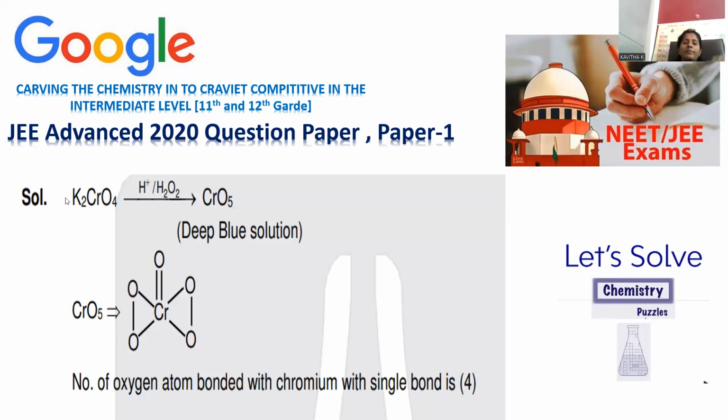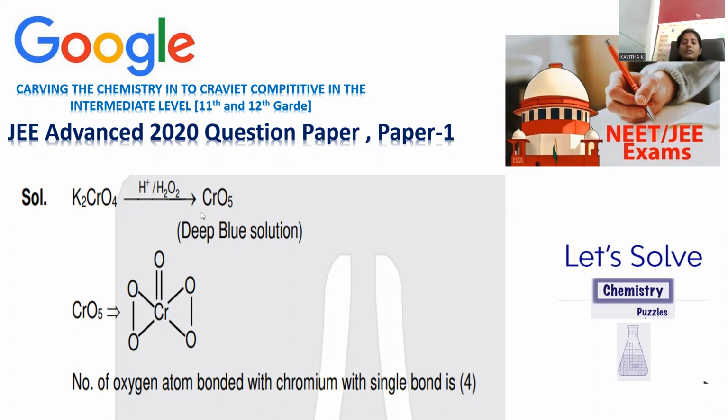For that purpose, K2CrO4 is called potassium chromate, and K2Cr2O7 is called potassium dichromate. Under acidified conditions, we treat K2CrO4 with hydrogen peroxide. Being an oxidizing agent, it turns K2CrO4 into CrO5, the oxidized form.